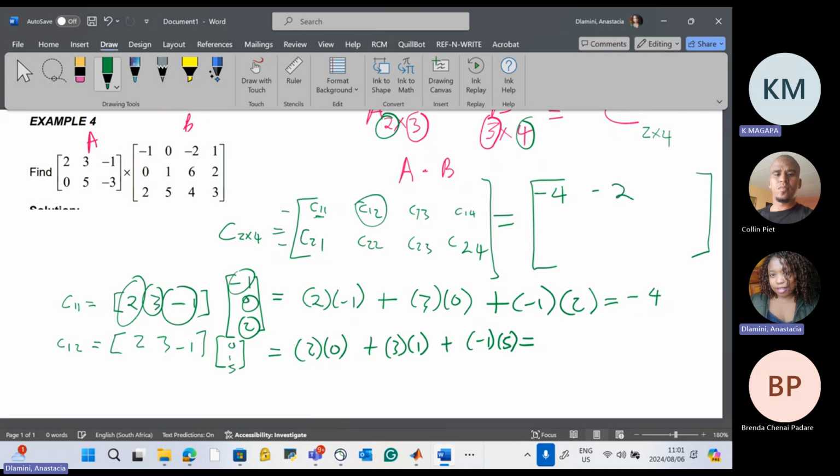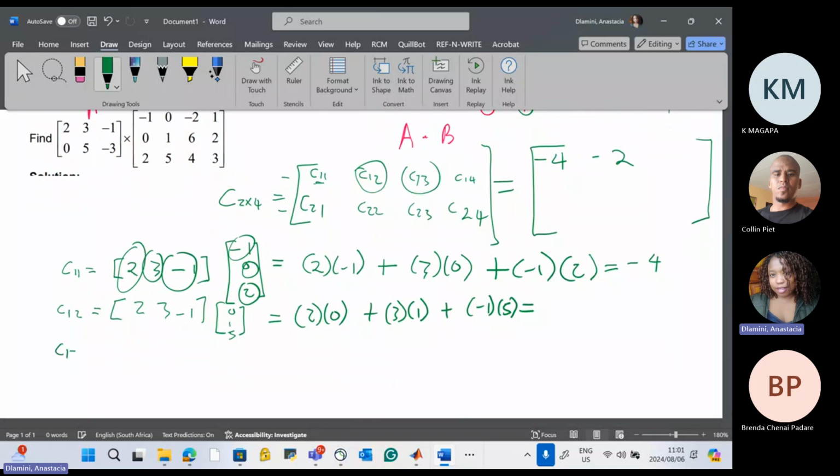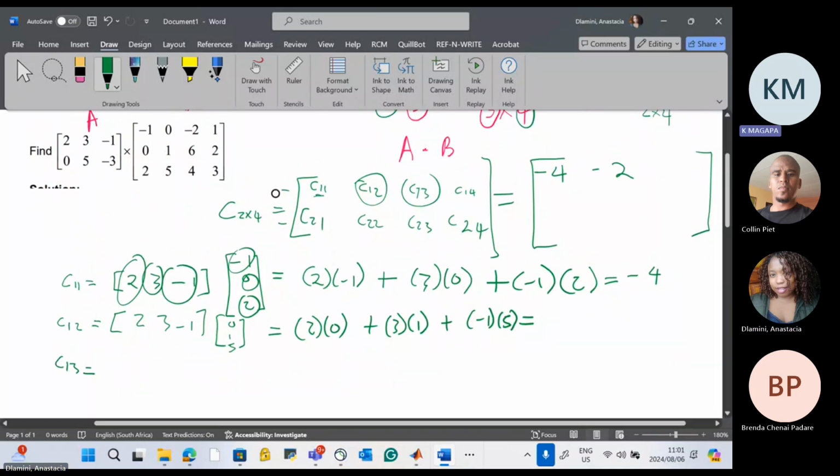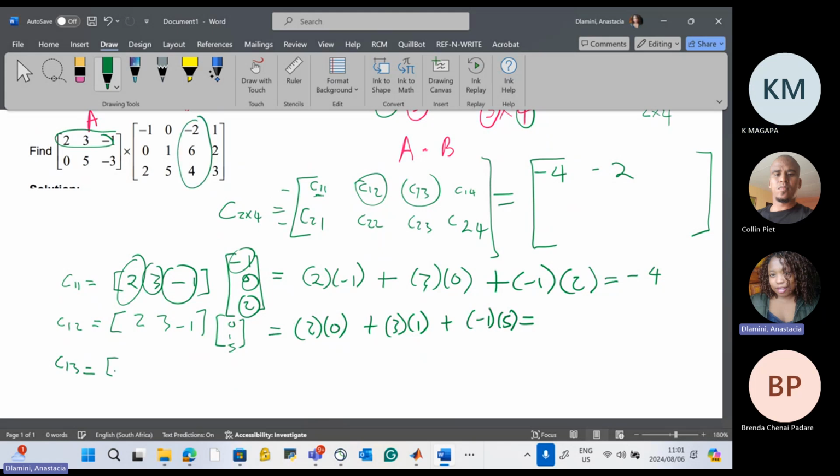Then let's go to C13, quick. C13 is equal to? It's row 1 multiplied by column 3. Well done. So that's 2, 3, minus 1, with column 3.